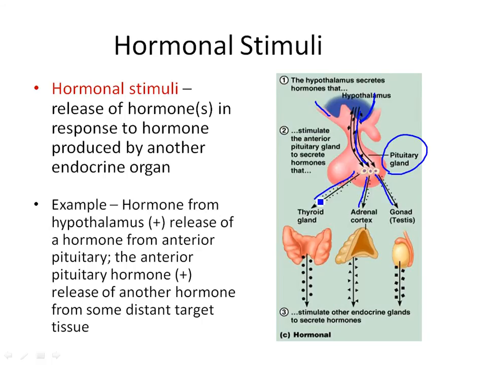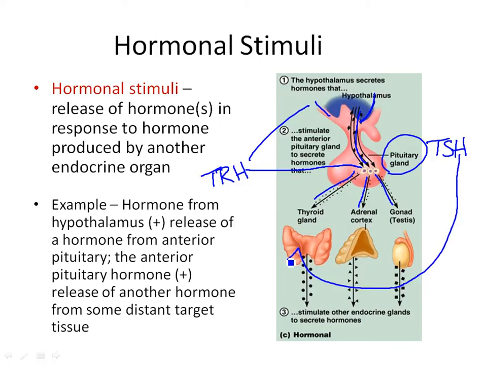In the first example, we've got thyrotropin releasing hormone from the hypothalamus, which targets the anterior pituitary. The anterior pituitary releases thyroid stimulating hormone, which then targets the thyroid gland, which releases T3 and T4, which increase your basal metabolic rate.